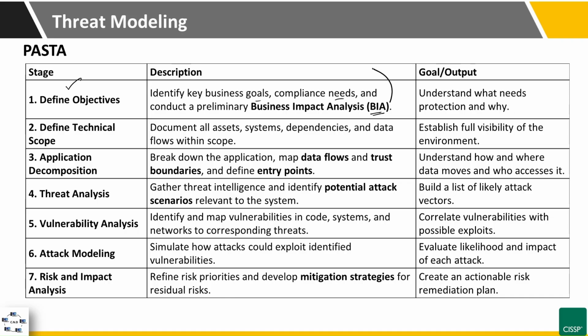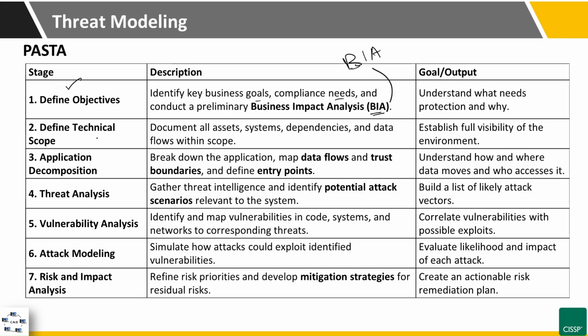As we studied in our first domain, BIA is basically input to other steps. For example, if you are trying to carry out a business continuity plan or disaster recovery plan, first you carry out the BIA, which gives you the critical business processes that need to be protected first.